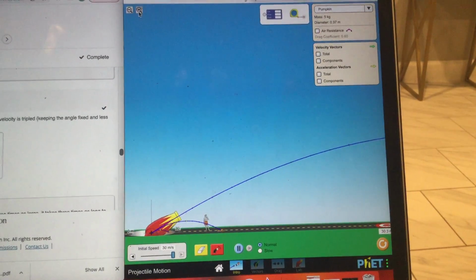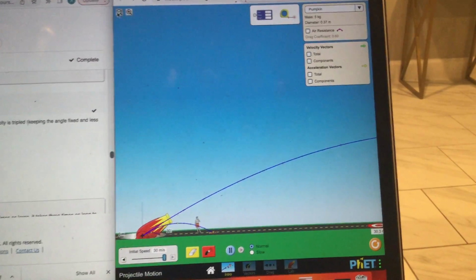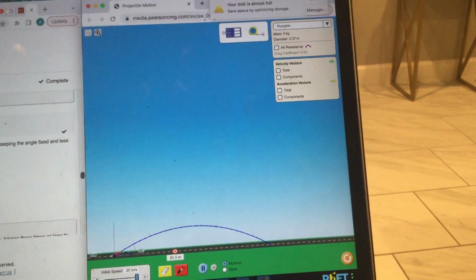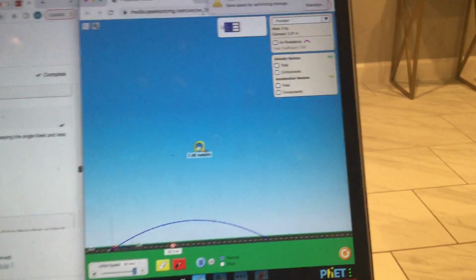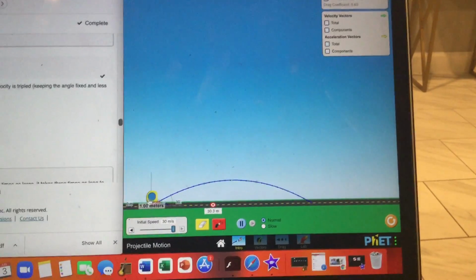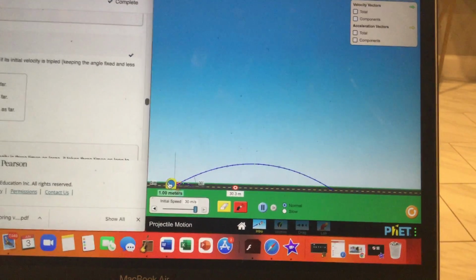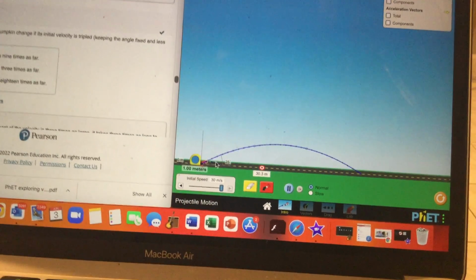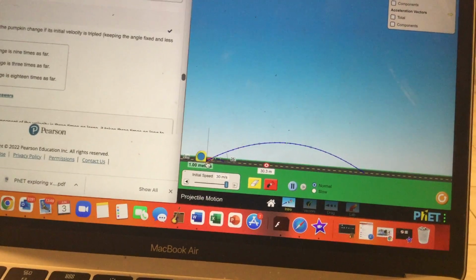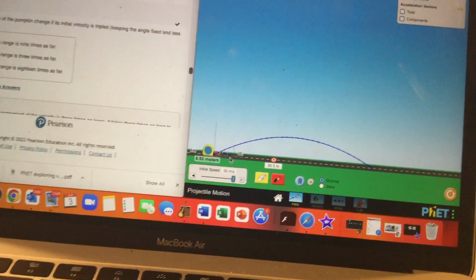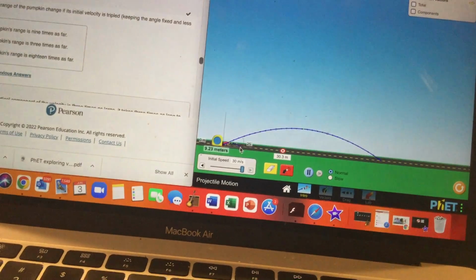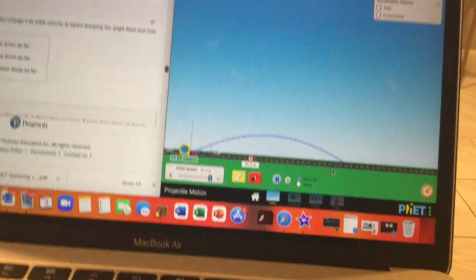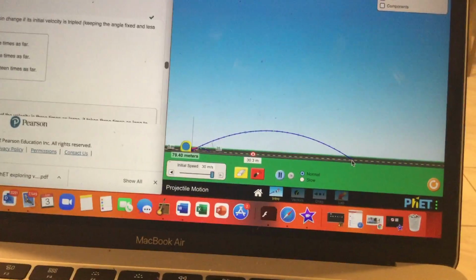And we'll back it up. We'll zoom out. We'll take the tape measure. And it's about 9 meters, 10 meters. Okay, and we'll do it with 3 times the velocity.